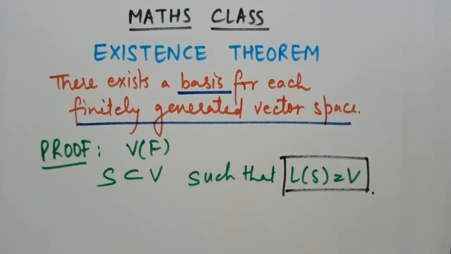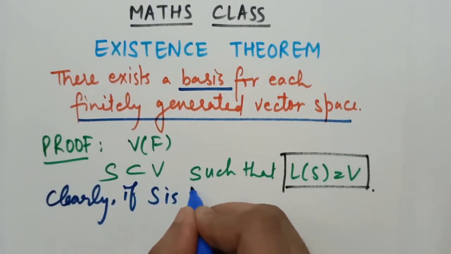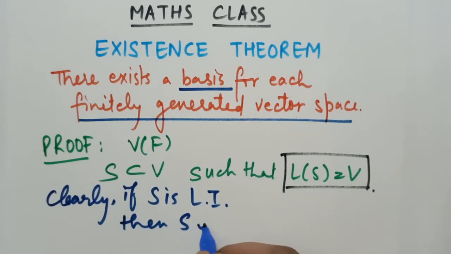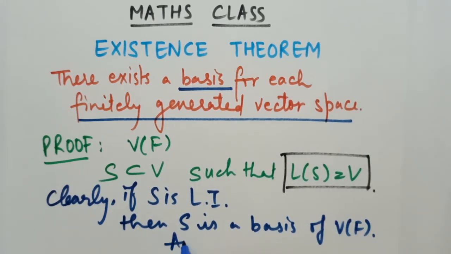Now we only need to see whether the first condition is true or not. Clearly, if S is linearly independent, then S is a basis of V over F, and hence the result.